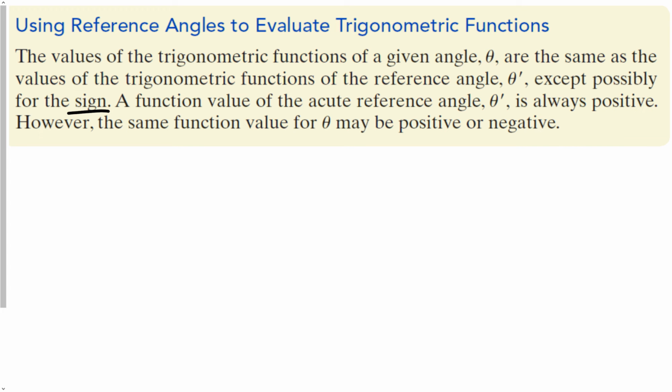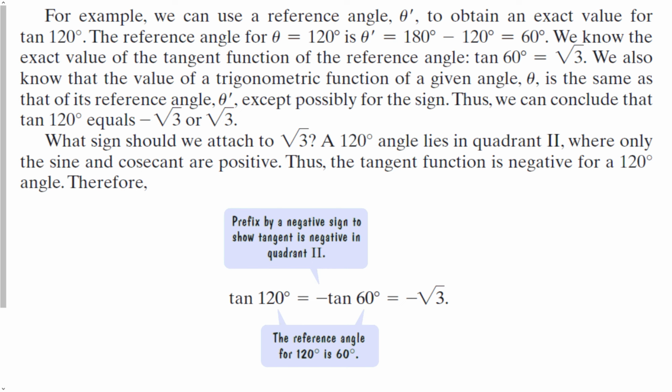Because then I know that the trig functions of whatever angle I want are going to be the same as the reference angle, except if it's in a different quadrant, I know which ones are positive, right? If it winds up in the second quadrant, the sine is going to be positive, the cosine is going to be negative. If it winds up in the third quadrant, sine is going to be negative, cosine is going to be negative, tangent is going to be positive, and so on. Okay? And that's pretty much what this is going to say.